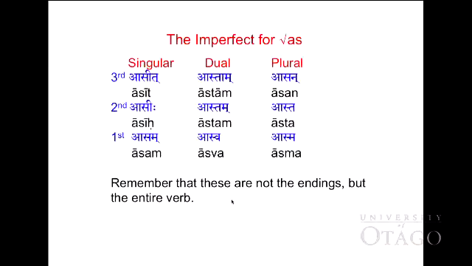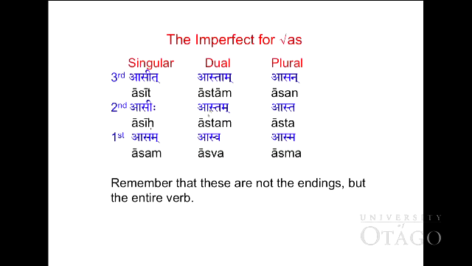The imperfect for as. Last semester, from lesson 14 and 15, we studied the imperfect for normal verbs, that is verbs in class 1, 4, 6 and 10. Let's see the imperfect for as.